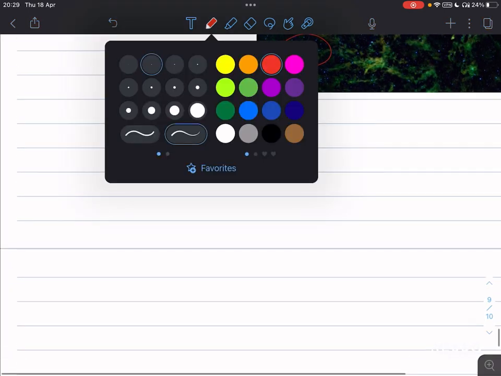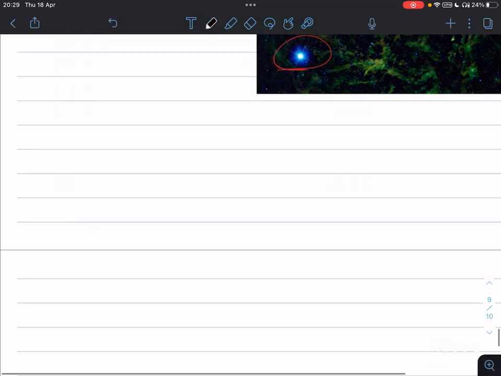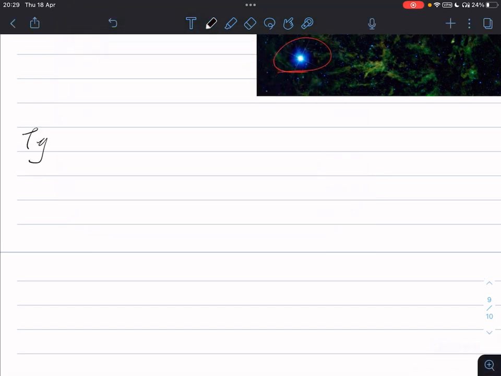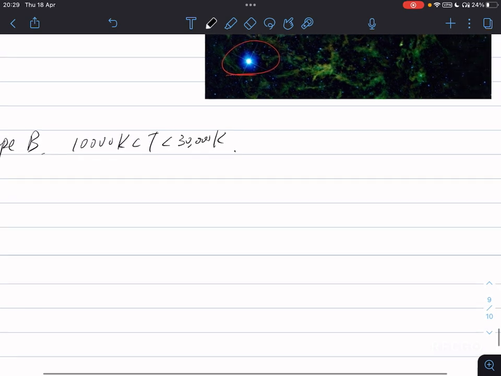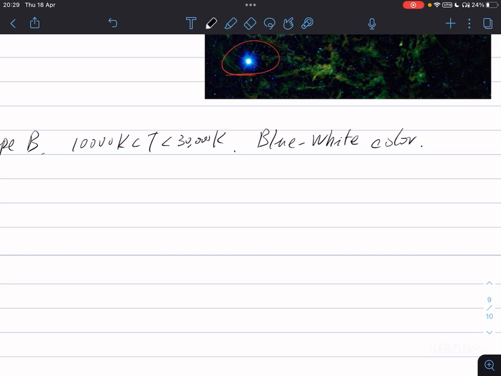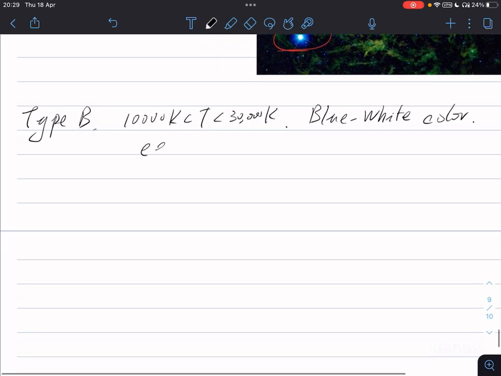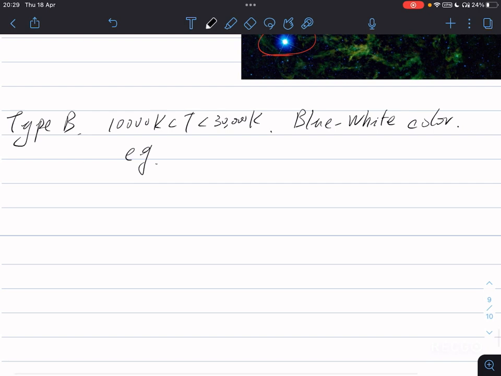The second type, B, with temperature between 10,000 Kelvin and 30,000 Kelvin and with a blue-white color. An example is the Rigel star.